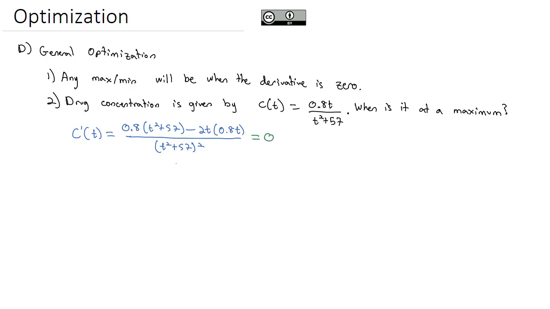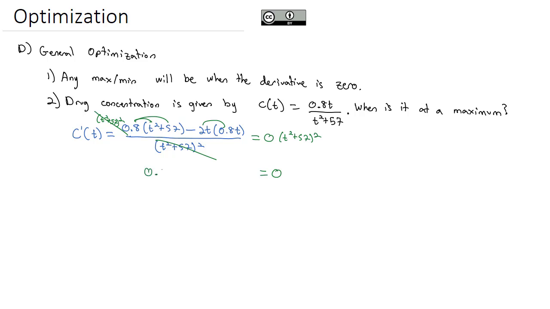To clear the fraction, I'm going to multiply both sides by that denominator of t squared plus 57 squared, because then it reduces out of the left side, and 0 times anything is 0. On the right side, we have 0. On the left side, I'm going to go ahead and distribute things through.